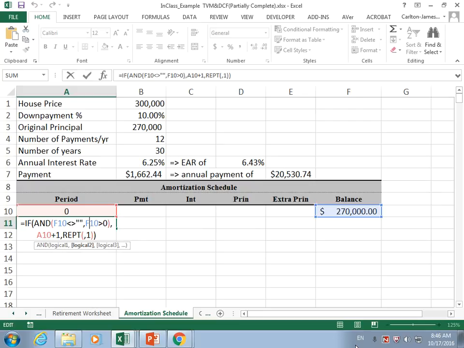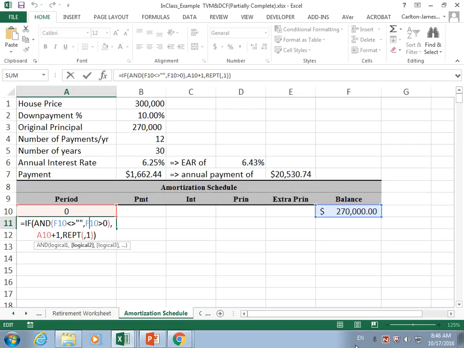Oh, actually, this is F10 is not blank. So if it's bigger than 0 and it's not blank, then in this case, add a number. Increase this by 1.